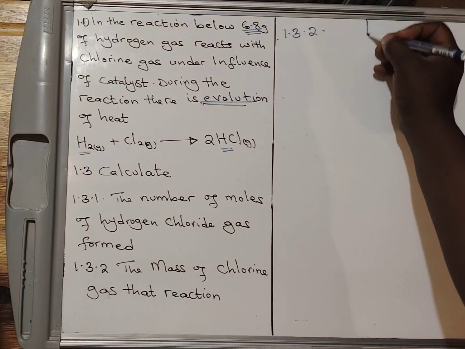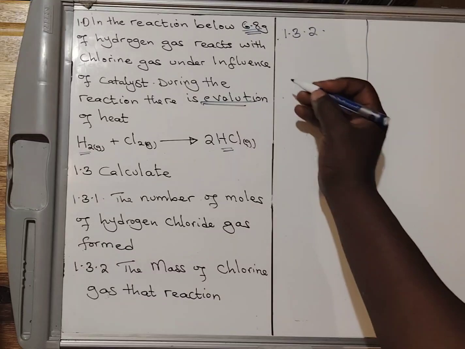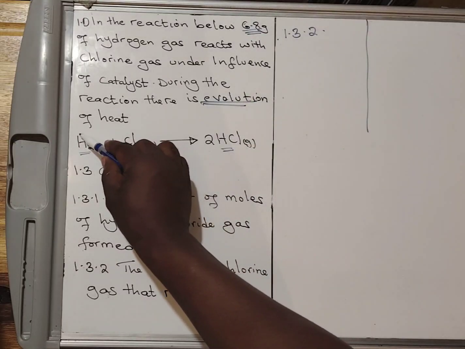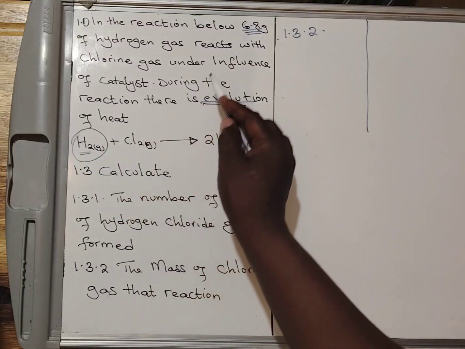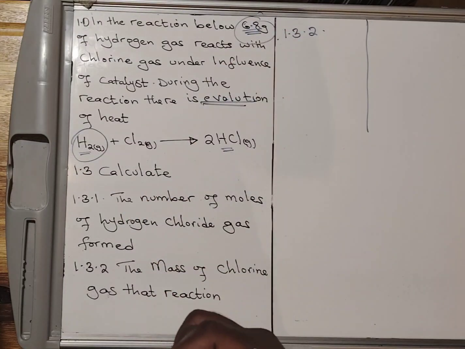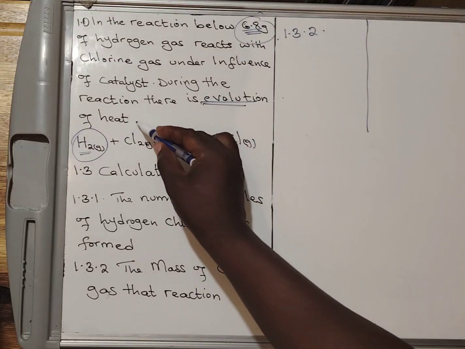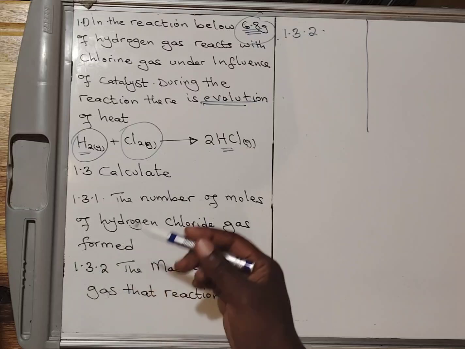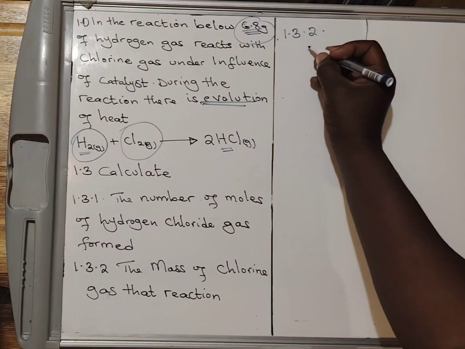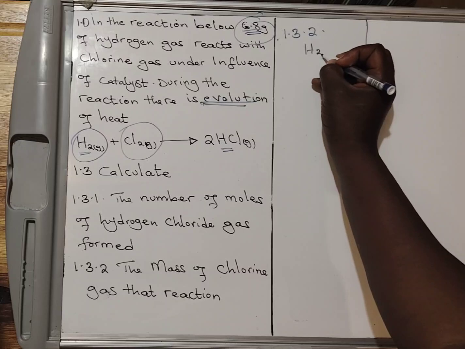So you divide this one into 2. This time around, you are dealing with the hydrogen. Why are we saying hydrogen? Because hydrogen is the known one. Remember, we are moving from known to unknown. And we are going to calculate chlorine. So this side, like we said before, it's going to be hydrogen.